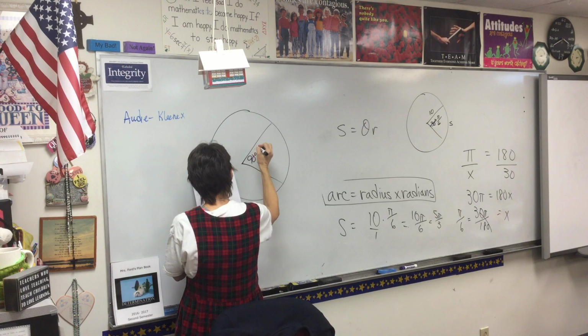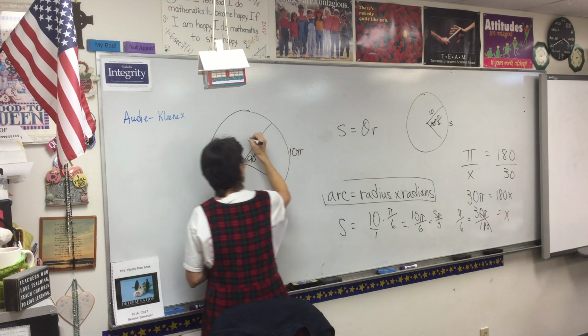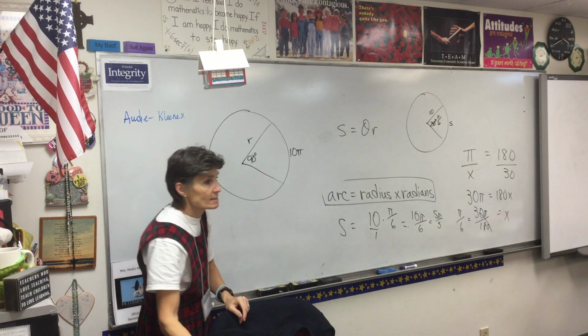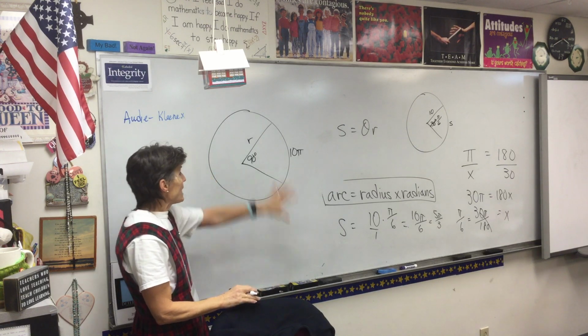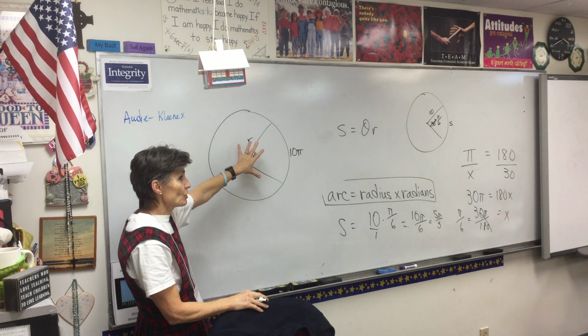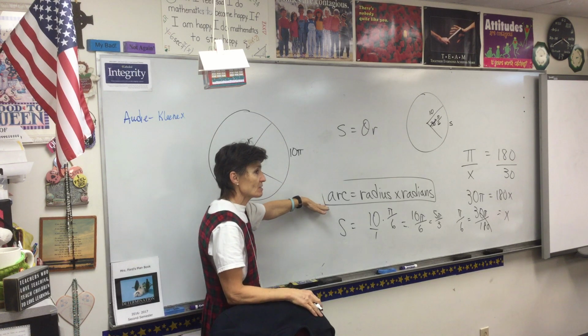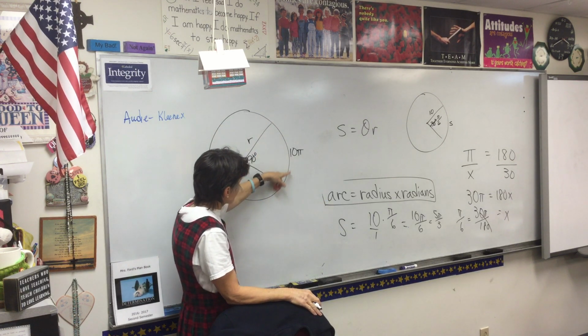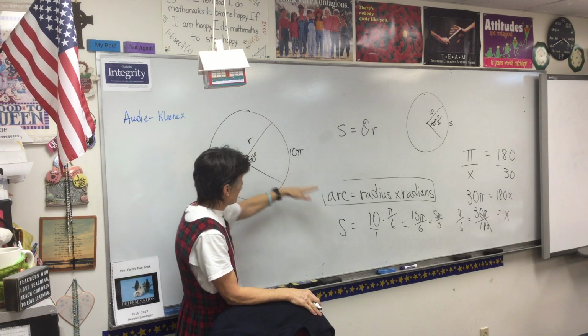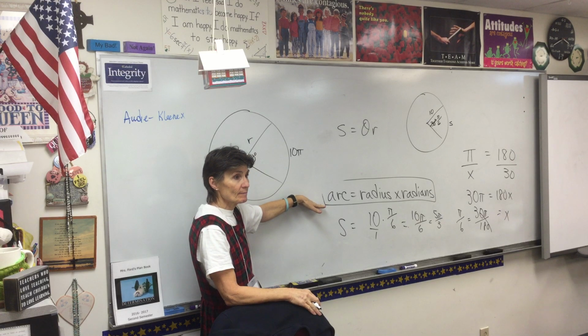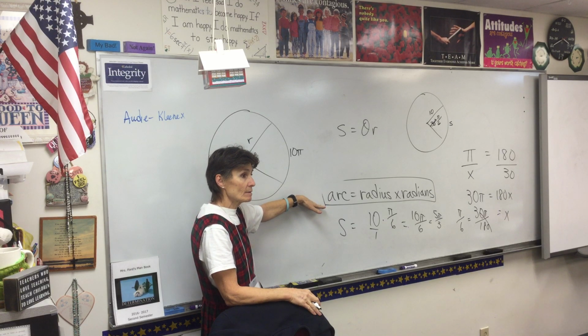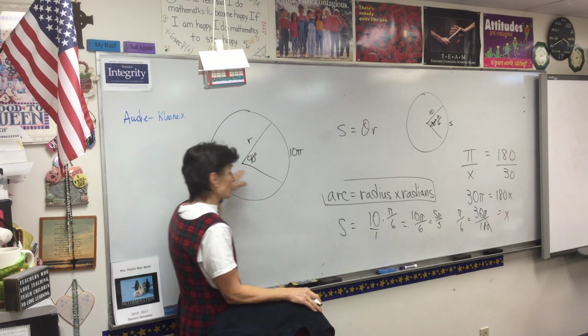Theta is 90, S is 10 pi, and we want the radius. Anytime I see that picture, I think about this formula because that's an arc length. And that's my formula for arc length, right? What's the problem though?